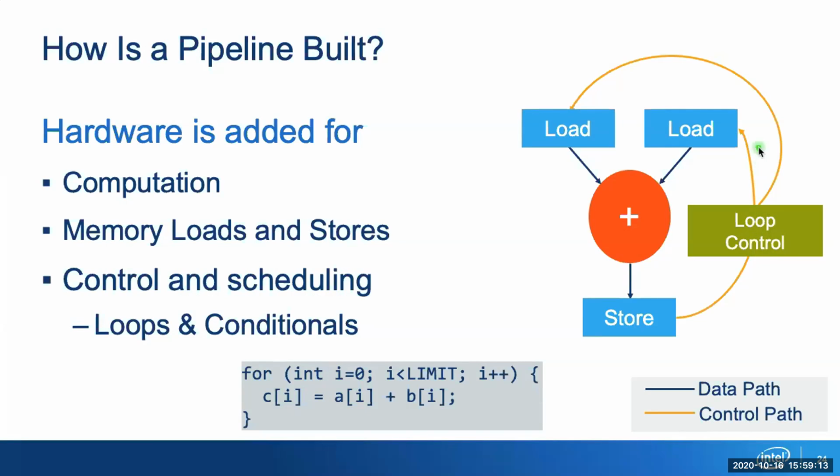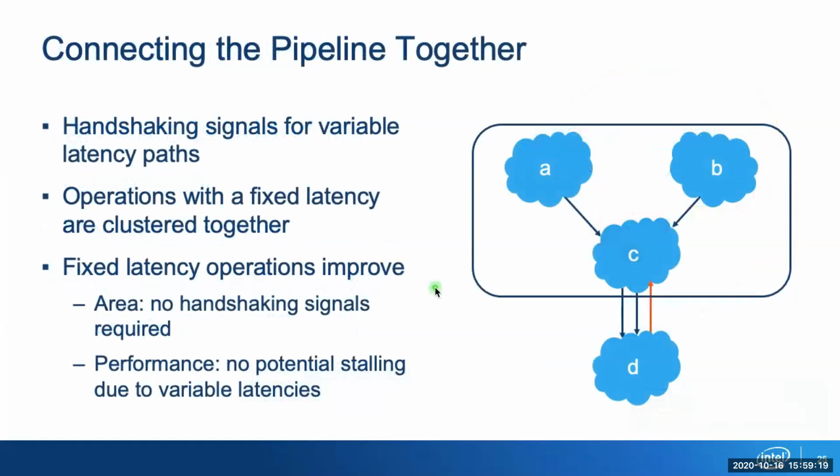These are control path signals to synchronize operations. The pipeline has some fixed latency operations clustered together in a basic block, and we have handshake signals for variable latency paths, like ready and done signals in each, things like that.